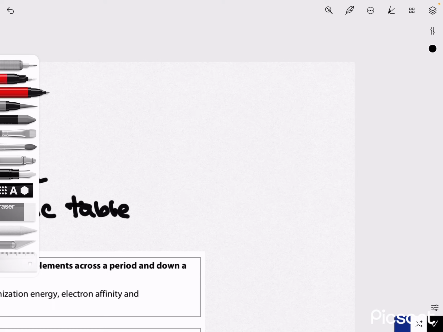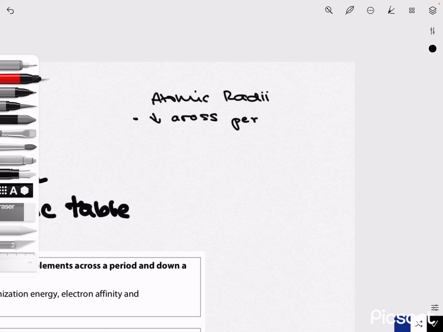So the first trend is atomic radii. This is something which decreases across the period, and this happens because electrons are pulled tighter due to higher atomic mass or higher nuclear charge.